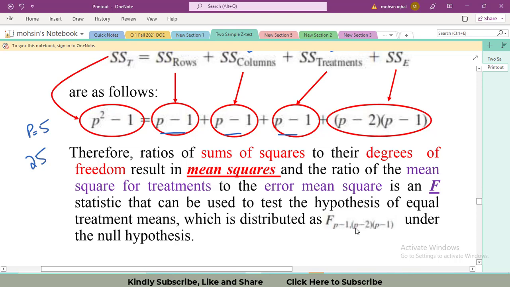The F critical value can be obtained by using the degree of freedom p minus 1 for the numerator and p minus 2 multiplied by p minus 1, which is the degree of freedom for the error term. So this will be my F critical term, and we have some value associated with it. It is called alpha, and in most cases we take alpha equal to 0.05.